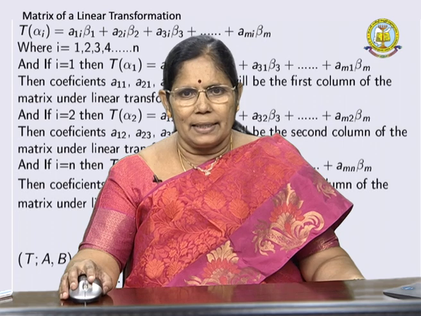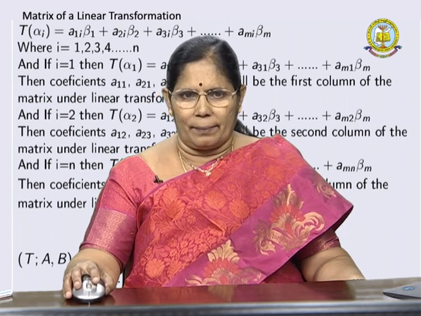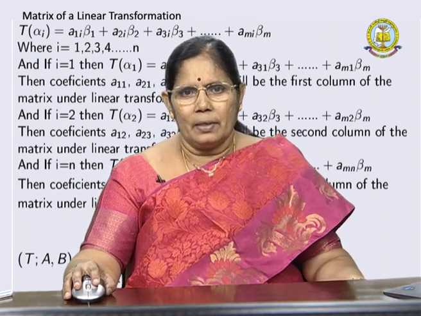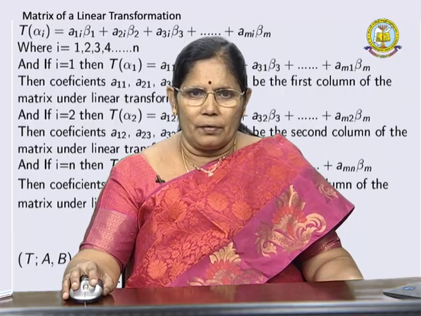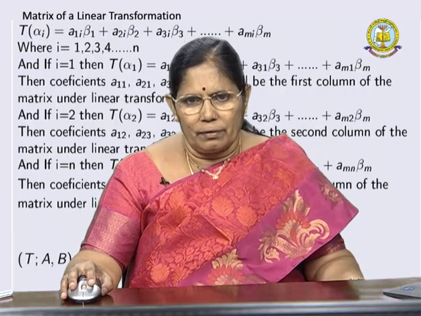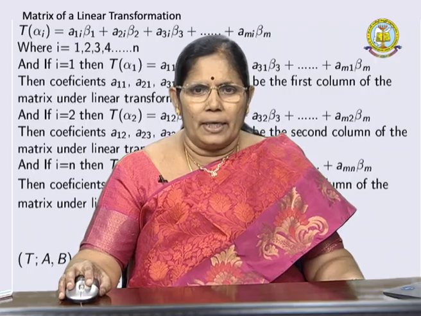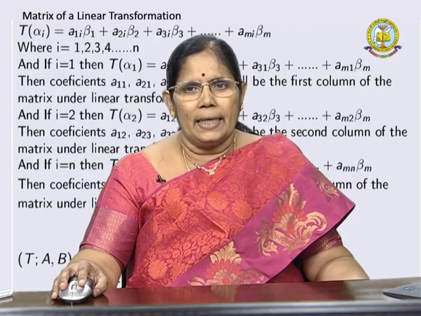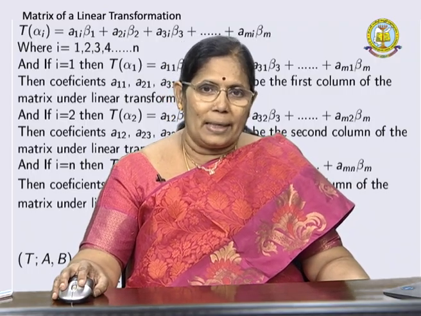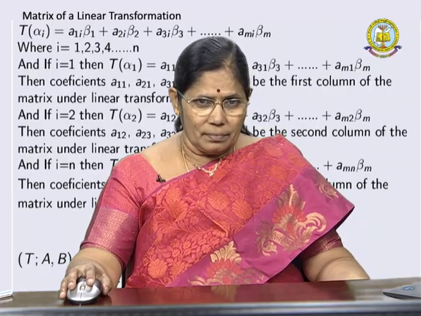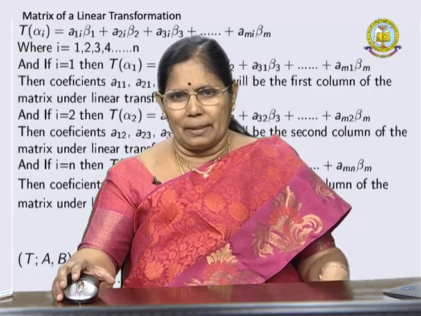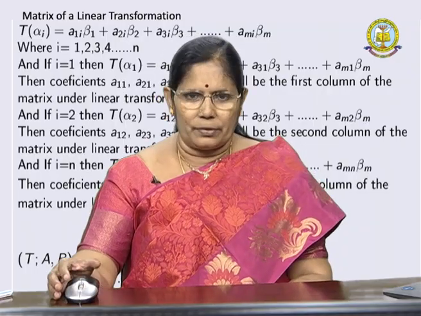Now, consider a linear combination of elements. How? S is equal to sigma p equals 1 to m, sigma q equals 1 to n of Apq T_PQ, which is a linear combination of elements of the basis B1, that means the set of all T_PQs.